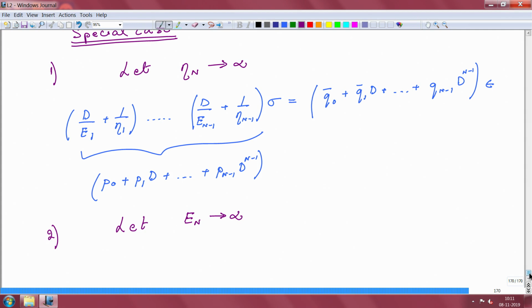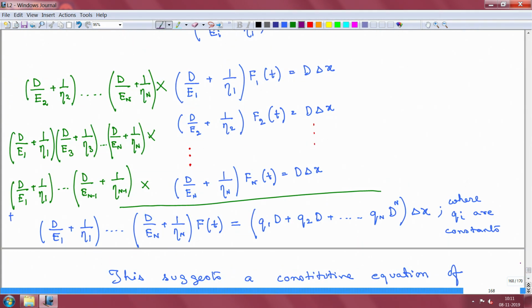If the elasticity tends to infinity, in the last term here, this particular quantity now disappears, and you have 1 by eta n f n, and that will be equal to this derivative, right. So, basically if you add up all this, then you will again have 1 power less on the left hand side.